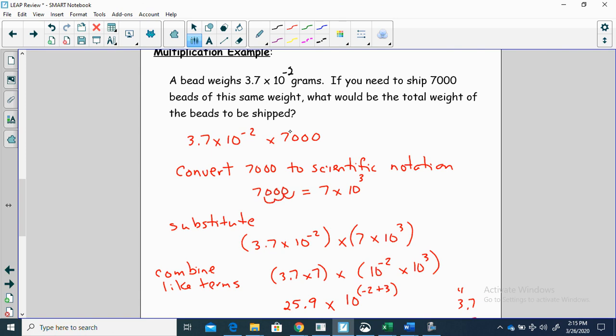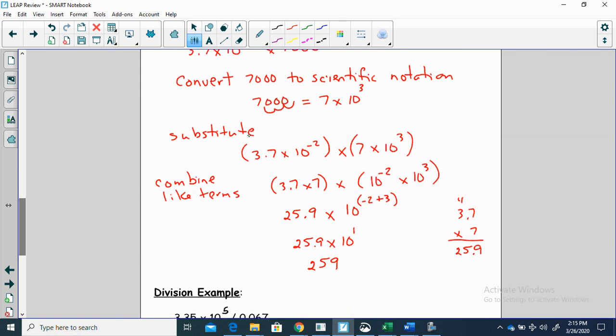You can either multiply the 7,000 times 3.7, or you can convert the 7,000 into scientific notation. I've converted it. 7,000, I would move it 1, 2, 3 places to get to 7. So that's 7 times 10 to the 3. A positive exponent represents a number that's bigger than 1.